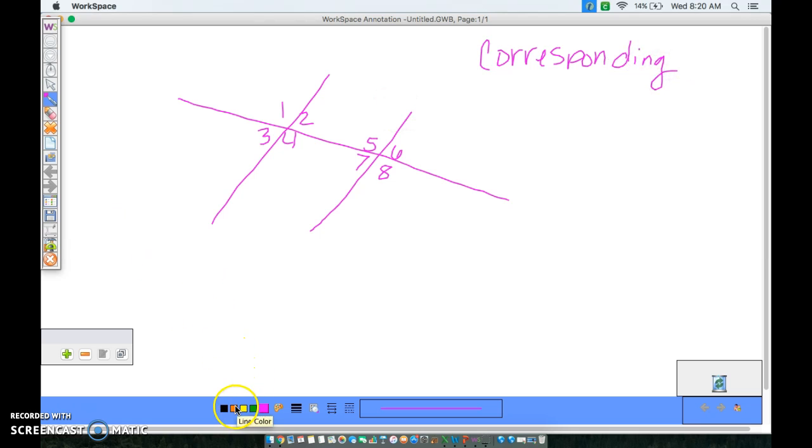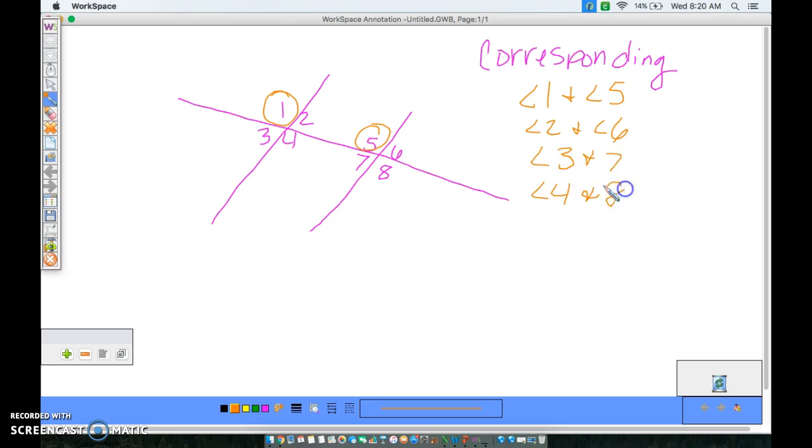So your corresponding angles would be angles like 1 and 5. We would also have angle 2 and angle 6, angle 3 and angle 7, angle 4 and angle 8, and there's no reason to go back the opposite direction and name them because it's the same thing. So that's your corresponding angles.